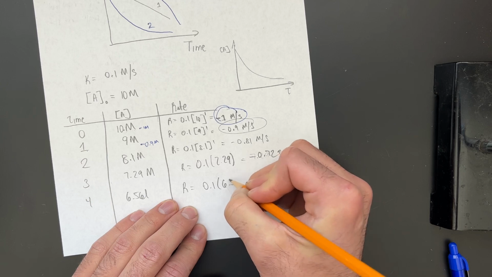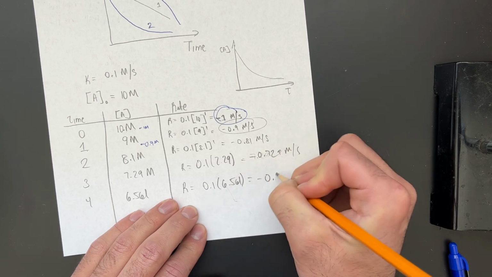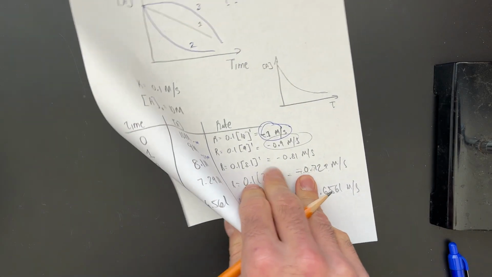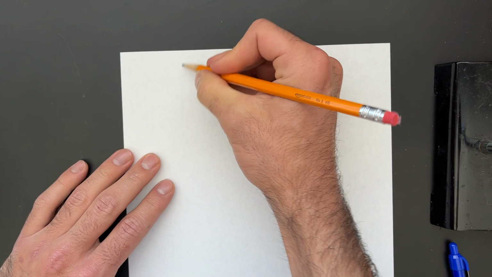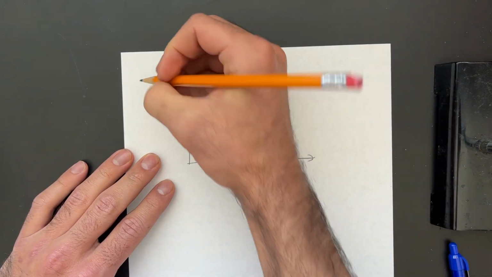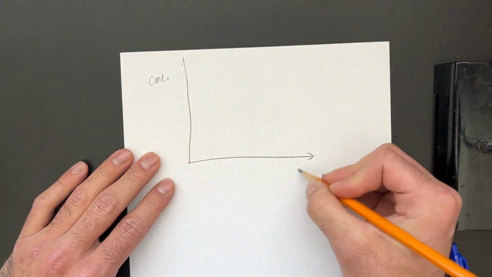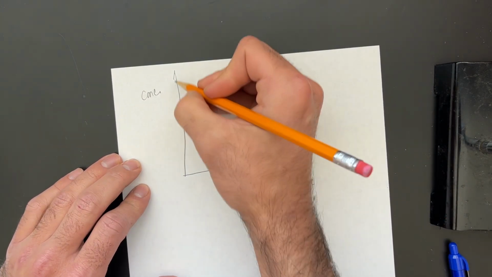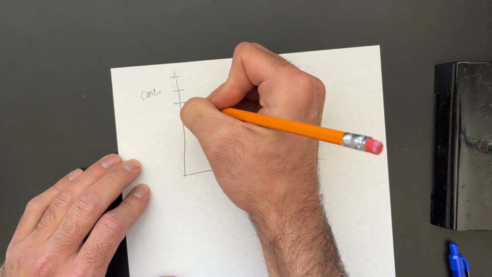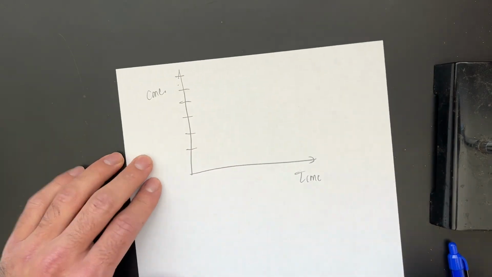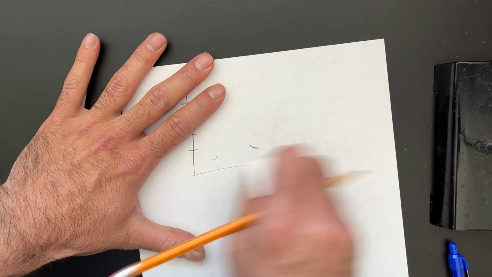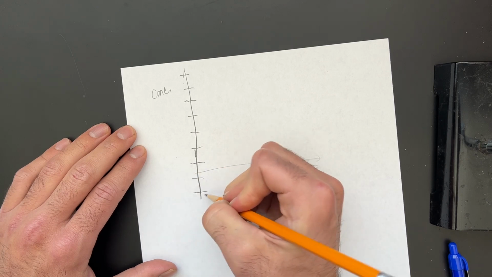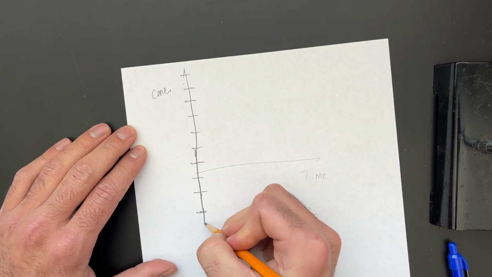Again, double check me if you'd like, but I think you're getting the point. This is what we're going to get, and what we can do is we can plot this here. Concentration against time, and what we'll see is that if we start off here, 10, 9, 8, 7, 5, sorry, I need some more room. 5, 4, 3, 2, 1.